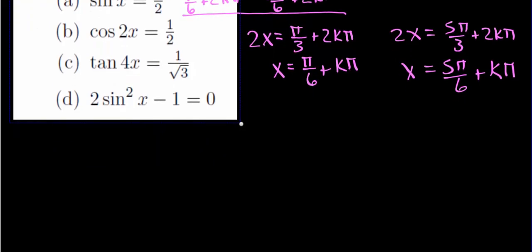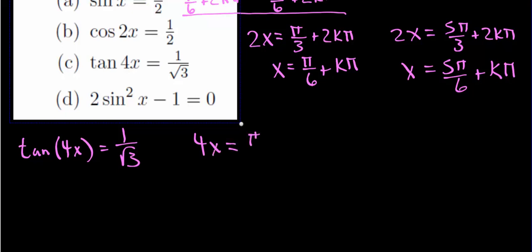We've got tangent 4x equals 1 over the square root of 3. Okay, now that happens at pi over 6. Okay, that's one place it happens.